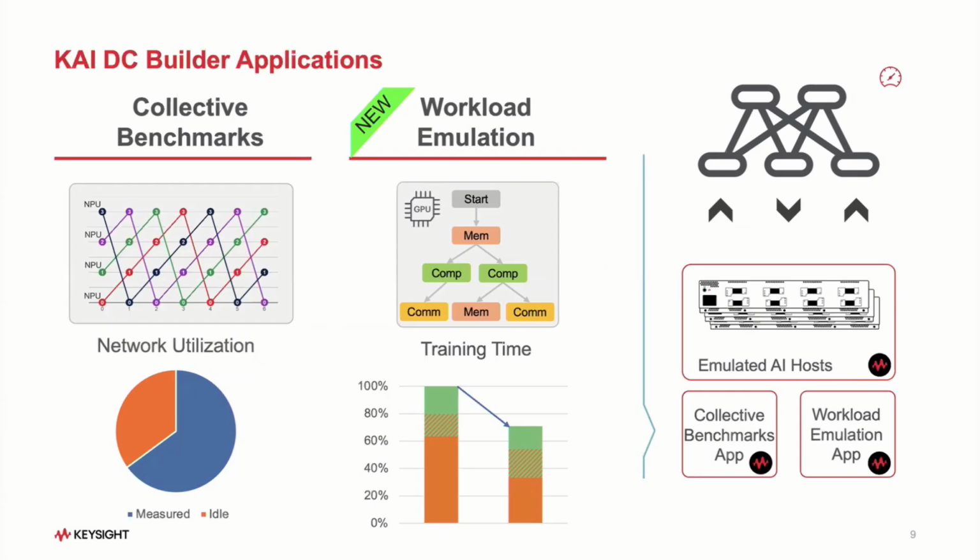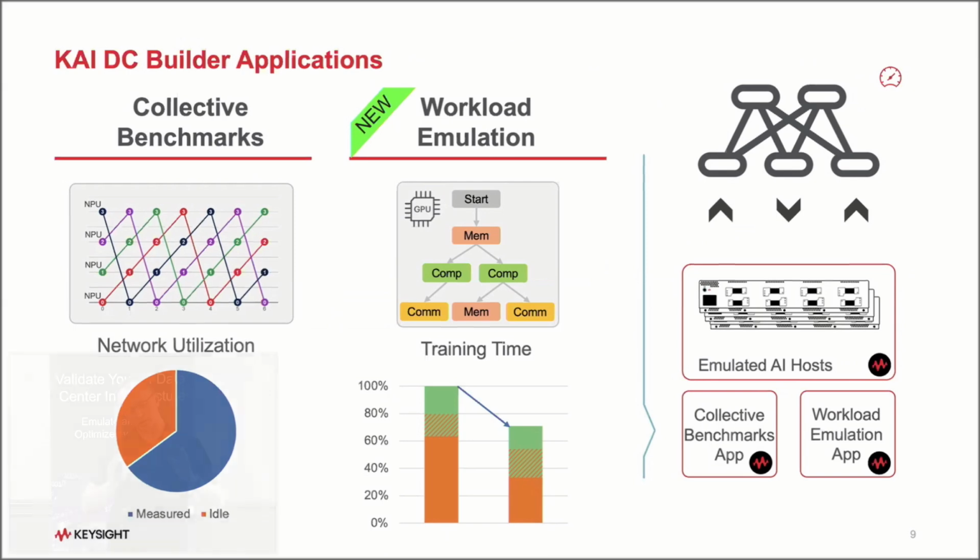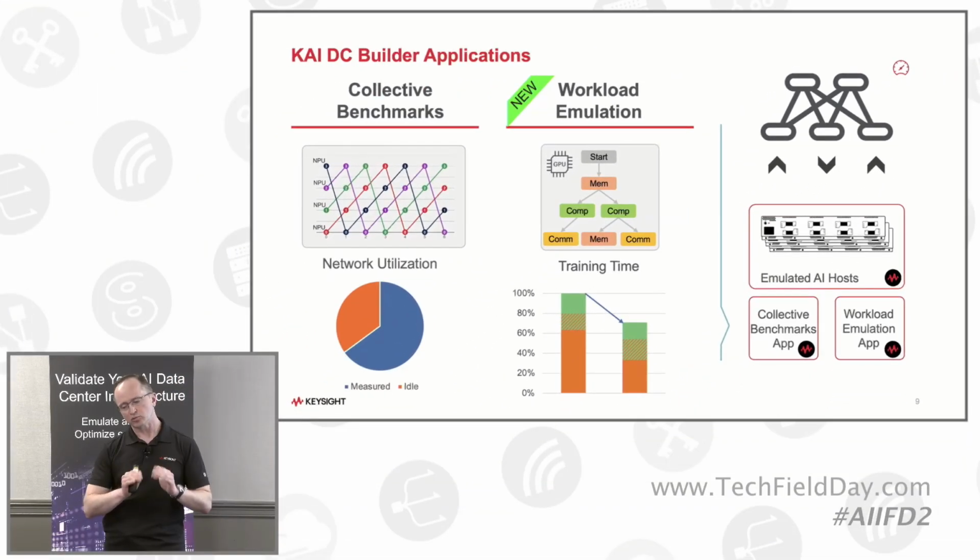Your objective here is to make sure that all the parameters of the network and the system are fine-tuned so that the network utilization can be as high as possible, so that this collective operation can finish as fast as it can. So you narrowly zoom in on the performance of that data exchange between the GPUs.